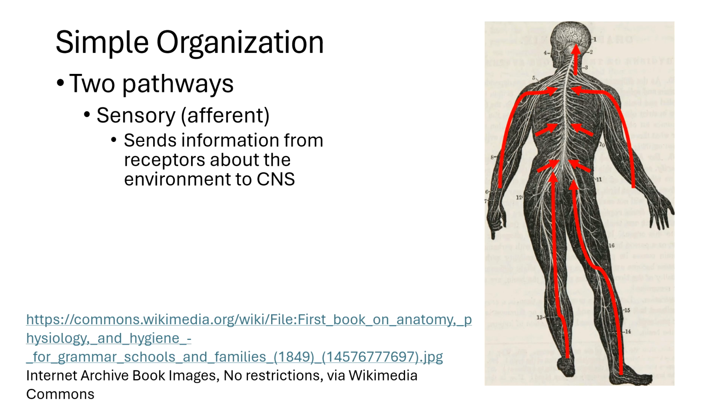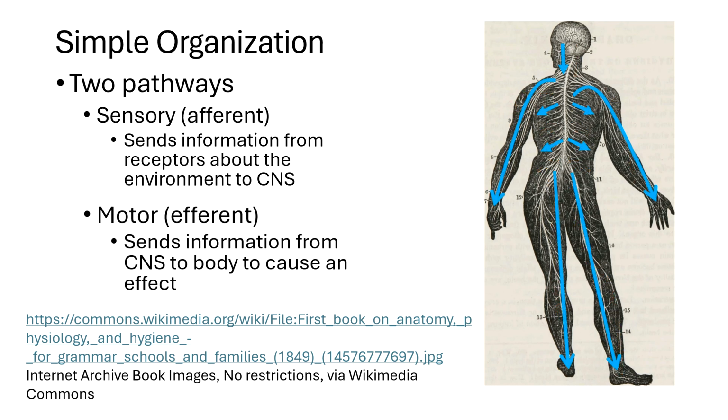And the other pathway is the motor pathway or the efferent pathway. And you can think of it as the information that causes an effect to your body, like moving a muscle or trying to talk.